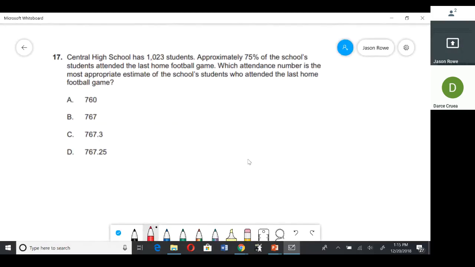All right, so Central High School has 1,023 students. Approximately 75% of the school's students attend the last home football game. Which attendance number is the most appropriate estimate for the school's students who attended the last home game? Well, we're estimating, so we probably aren't going to have decimals in our answers.